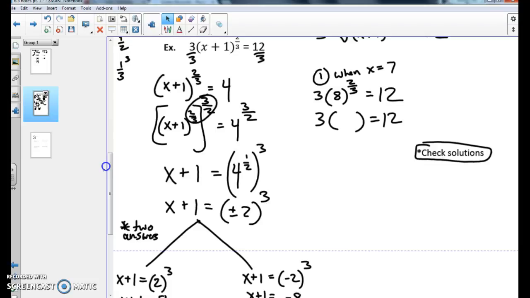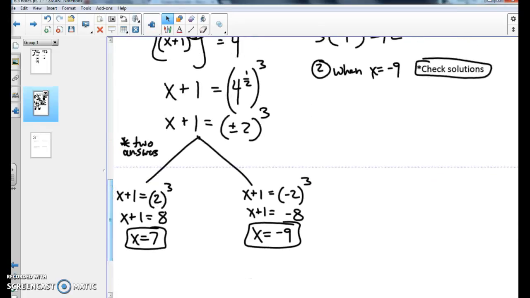Think about it also as 8 to the 1/3, squared. 8 to the 1/3 is 2. 2 squared is 4. So does 3 times 4 equal 12? Yes, which is good. That answer is valid for us. Now I've got to check the other one, when x equals negative 9. So we're plugging it into 3 times x plus 1.